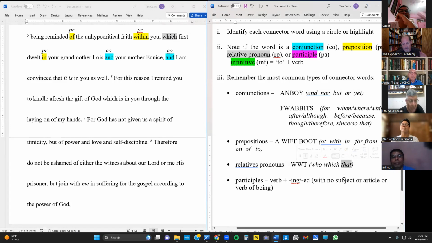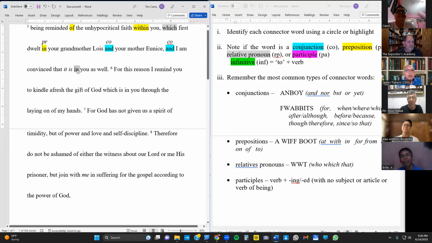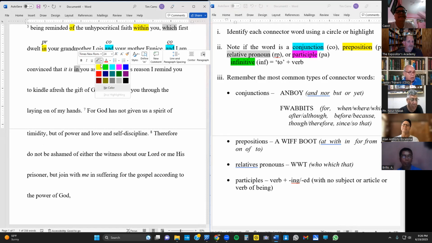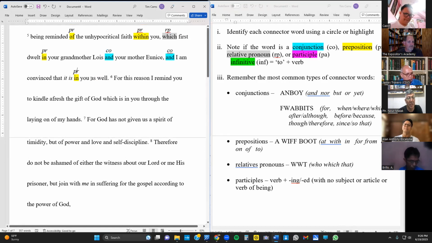But like I said, that doesn't always act like a relative pronoun. So, okay, we have a relative pronoun here. Any others? In you as well. Yes, in you. What is the word in? Preposition. Yes, preposition. Good. All right. Any others in verse 5?